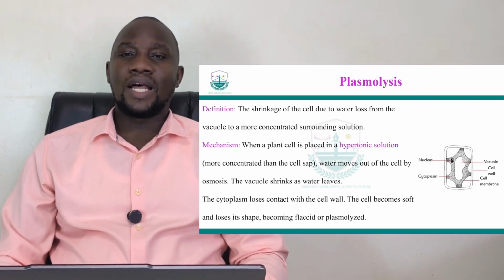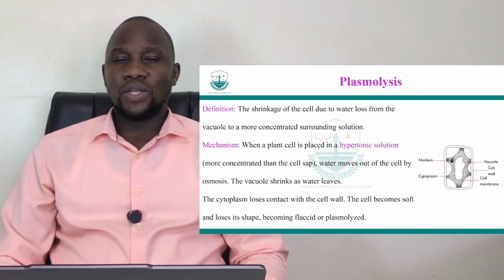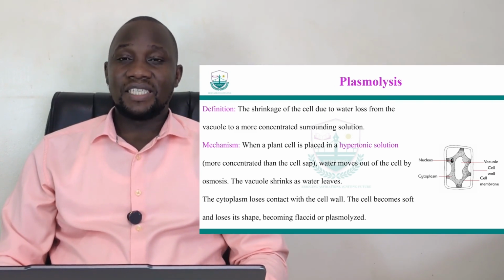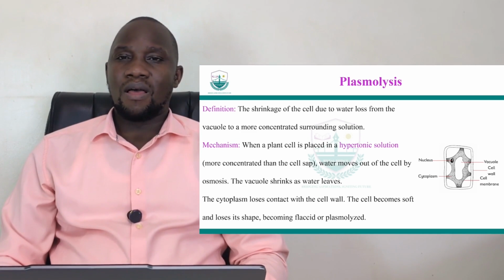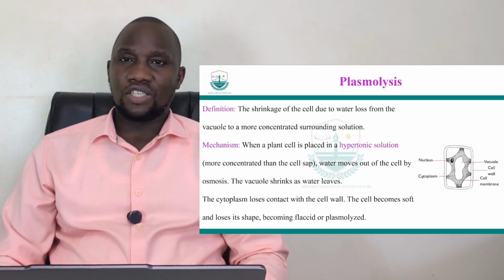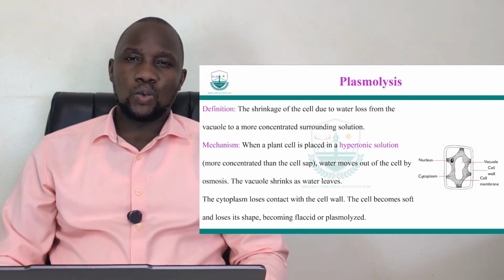So plasmolysis is what happens when you have a plant cell being placed in a hypertonic solution. It will lose its water content into the hypertonic solution because of the difference in water potential. When you have a hypertonic solution, it means that the water potential is negative.